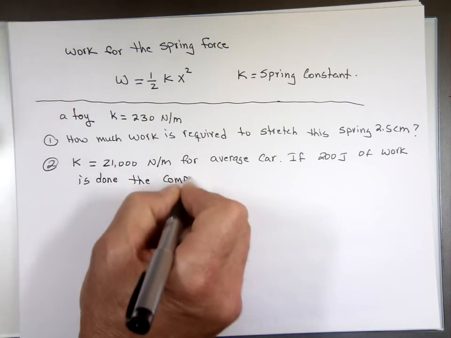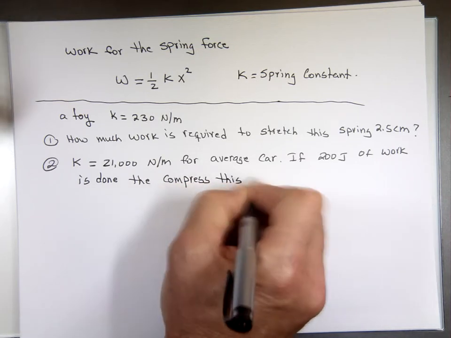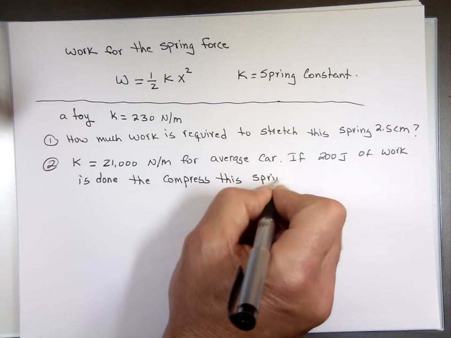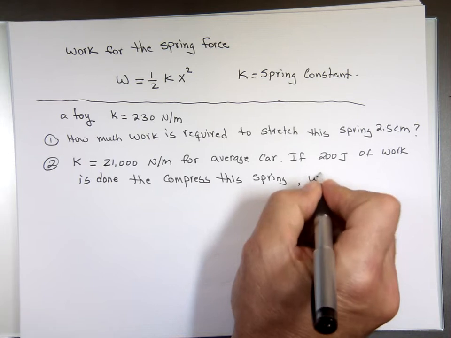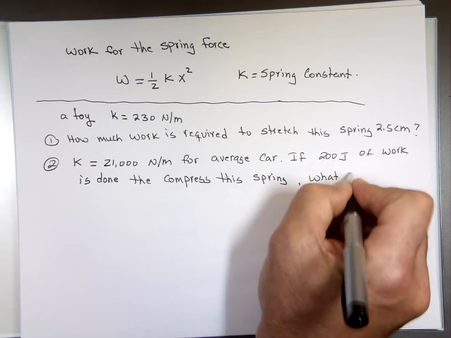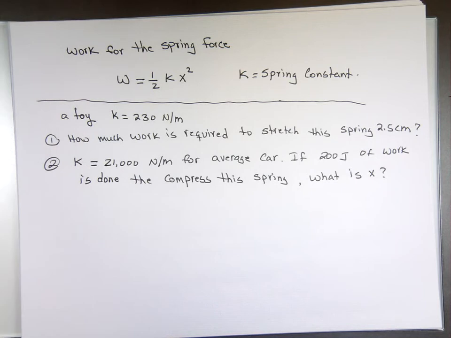I'm talking about the car here. So what is x, the compression? How much did it compress? Two different questions, completely different from each other. One deals with the toy, the other deals with the car.